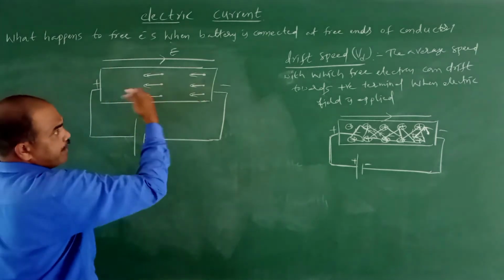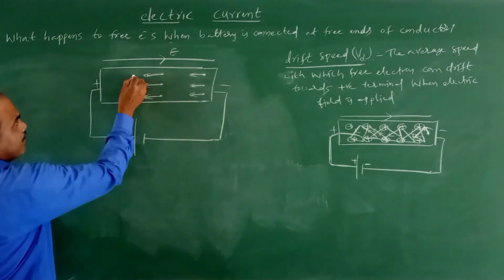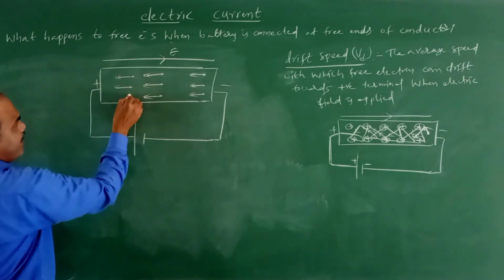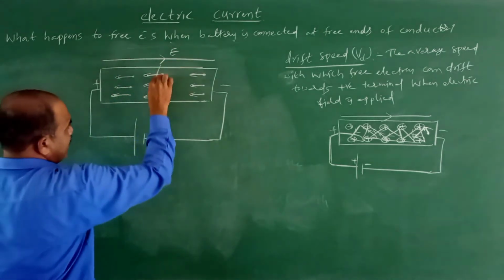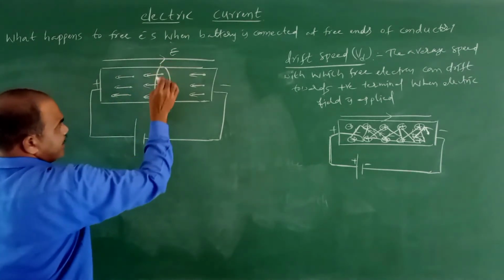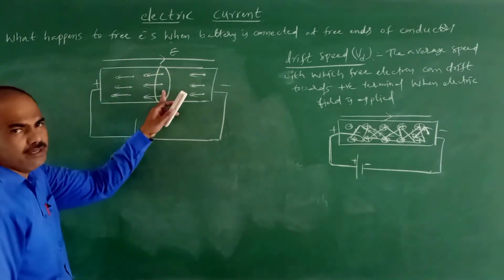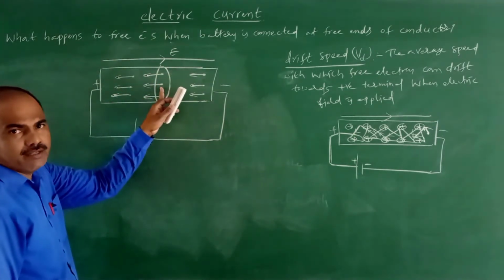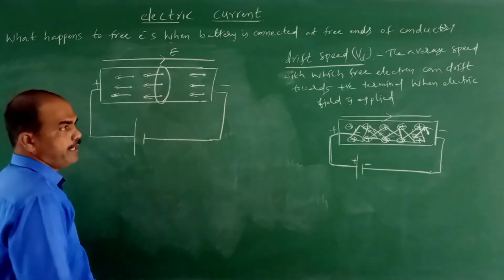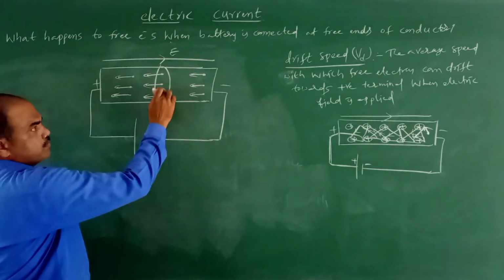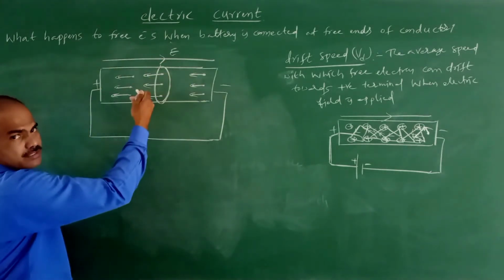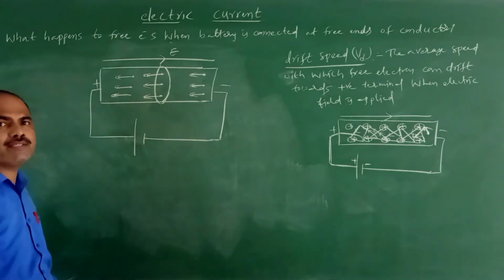And they are moving in a particular direction. So if we take any cross section, there exists some net charge. The net charge crossing the cross section in unit time will be called as electric current.